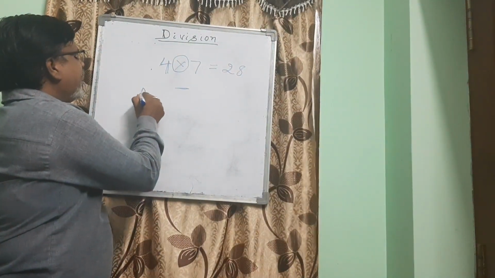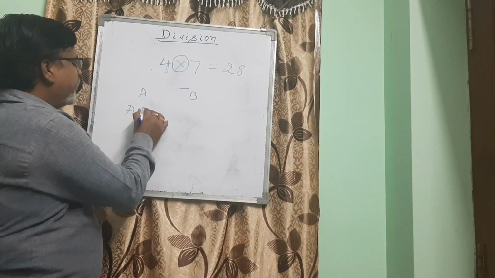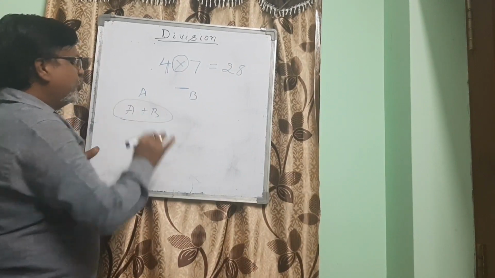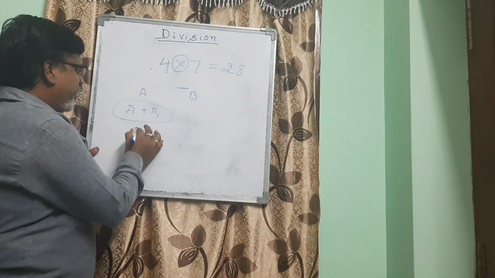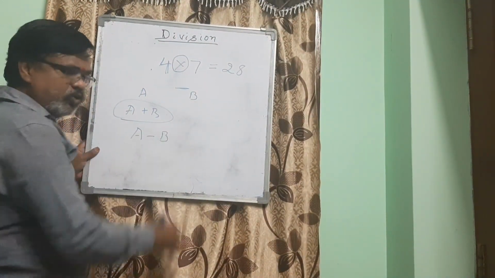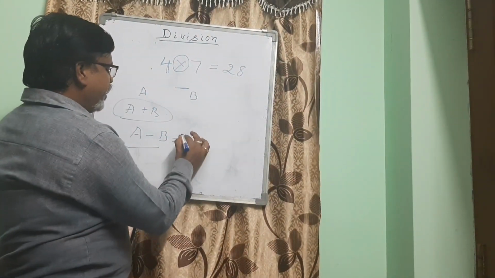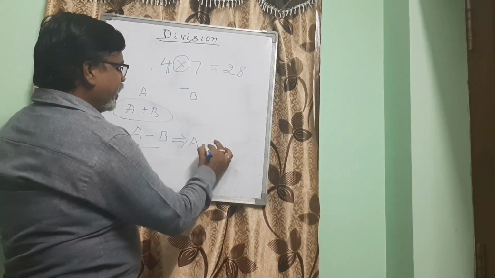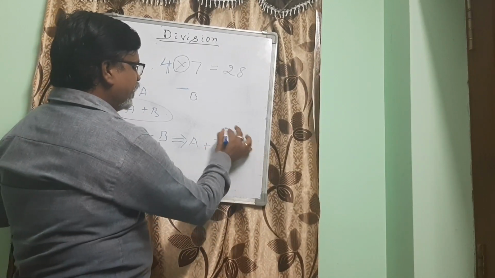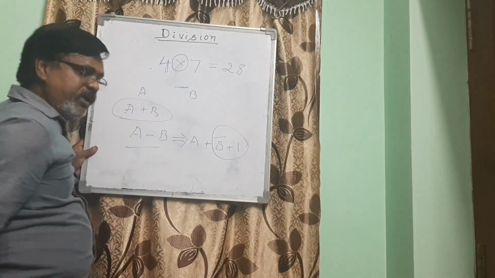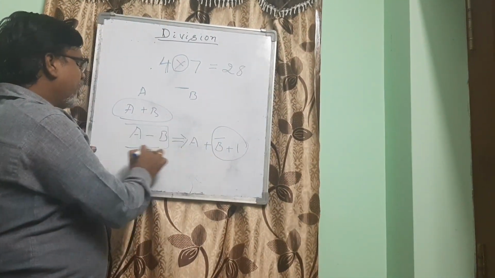So if A is there and B is there, two values are there. If you want to perform A plus B, simply we can do the addition of two numbers, binary or decimal, whatever it is. But if we want to perform A minus B, do we perform subtraction directly? No. This A minus B we get by adding the 2's complement of B. So by adding this 2's complement of B to A, we get the subtraction.